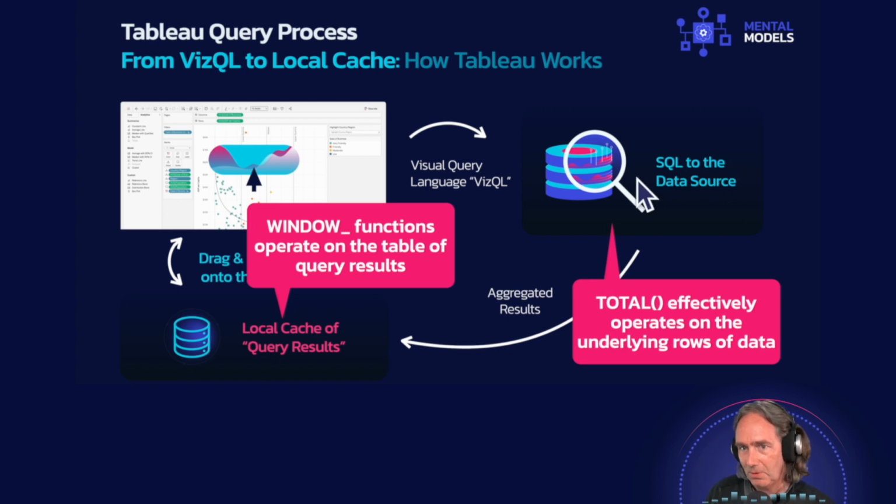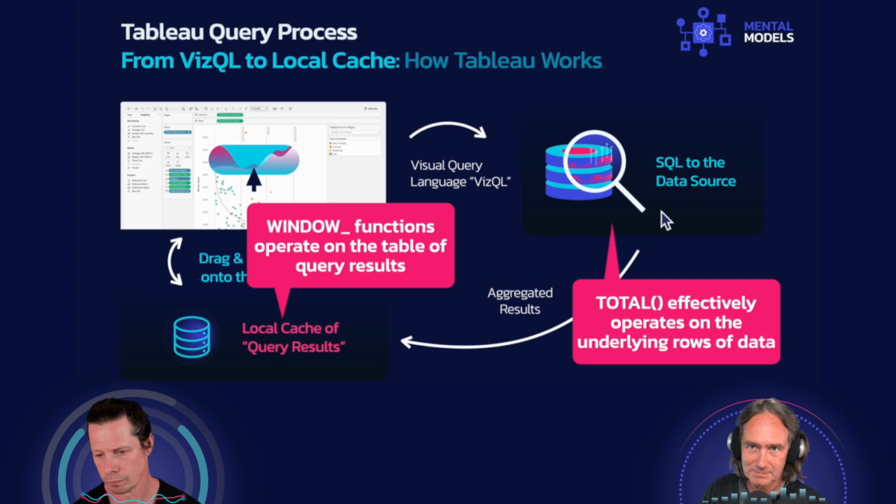That's creating SQL in our data source, or whatever language our data source needs, and then returning those aggregate cache of query results back to the view to render the marks in the view. So those window functions are working on that table of query results, whereas total is operating on those underlying rows of data.